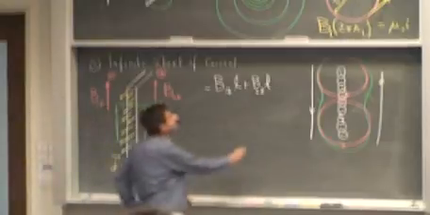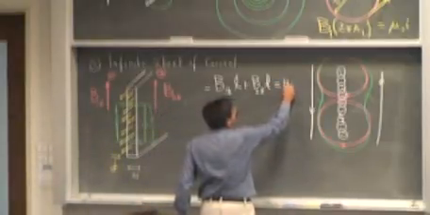So this is the left hand side of Ampere's law. What is this equal to? It's going to be mu naught times the current enclosed.